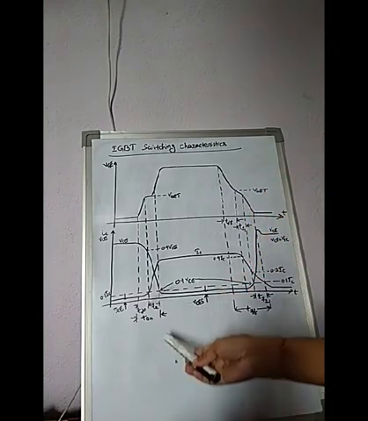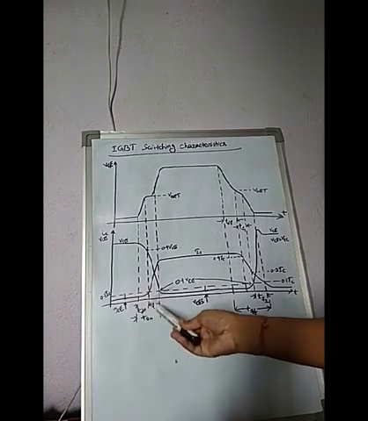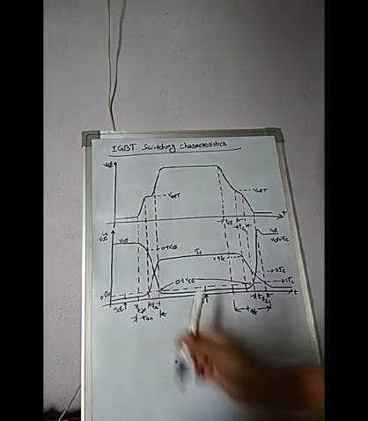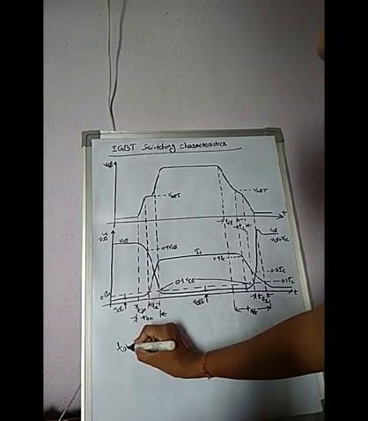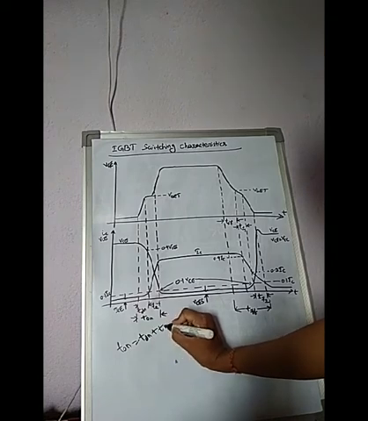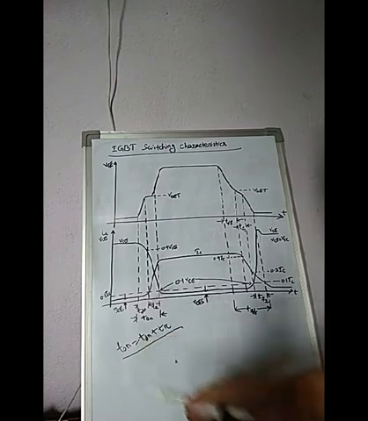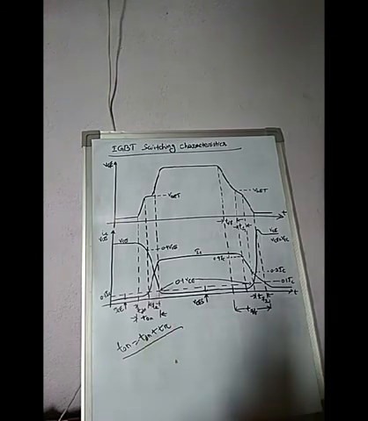See here, the turn on time is composed of turn on delay time TDN and TR is the rise time. So T on is equal to TDN plus TR. This is the turn on time. TDN is the turn on delay time. TR is the rise time.